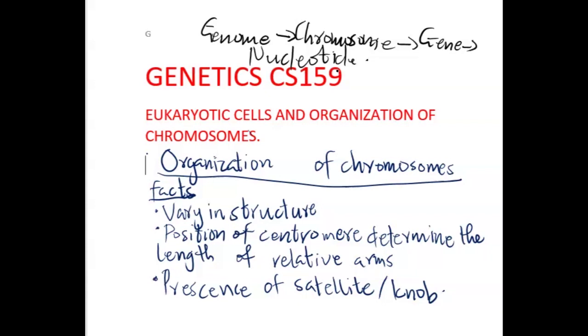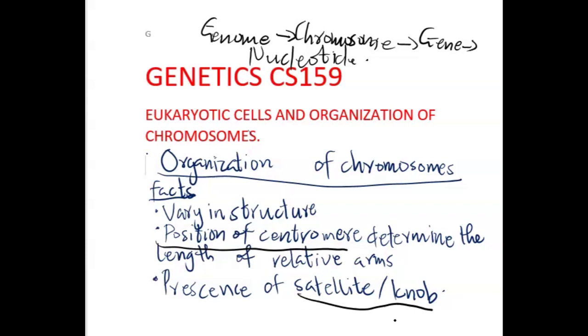The presence of the satellite or knob helps in the description of the chromosomes.